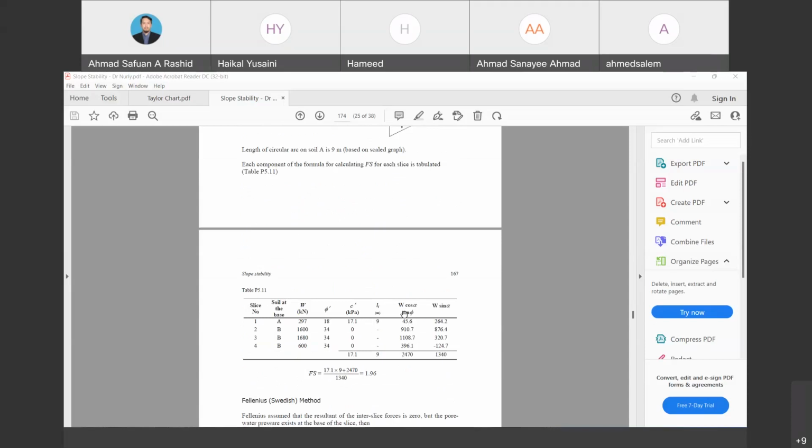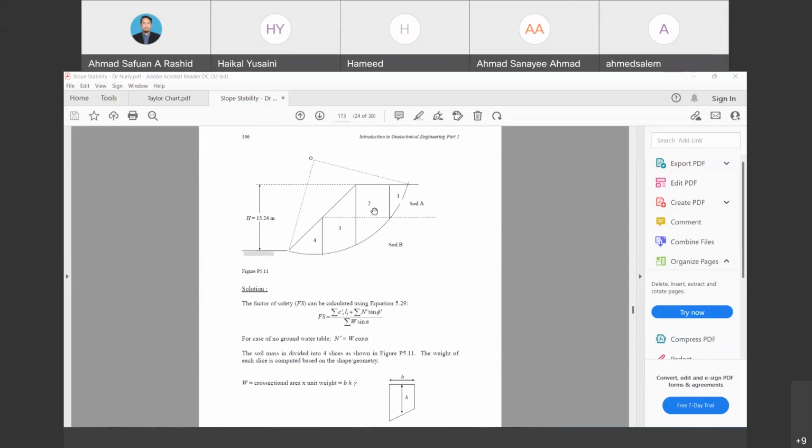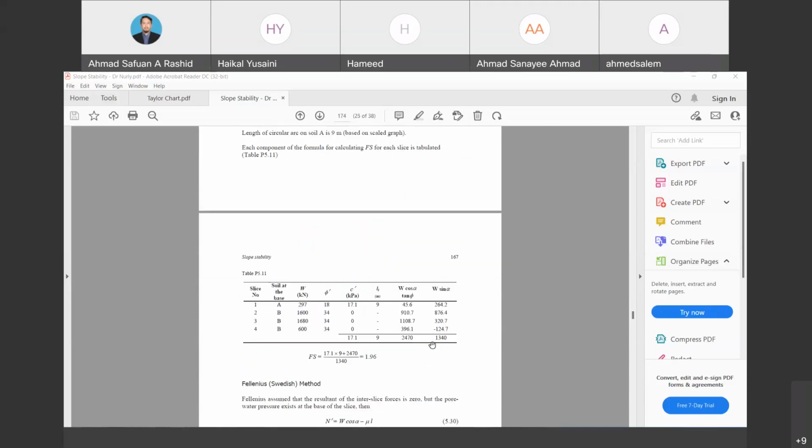Then W cos alpha tangent phi. Alpha is not being discussed here, so there is a lack in this example, because we need to determine alpha using what we call a protractor.